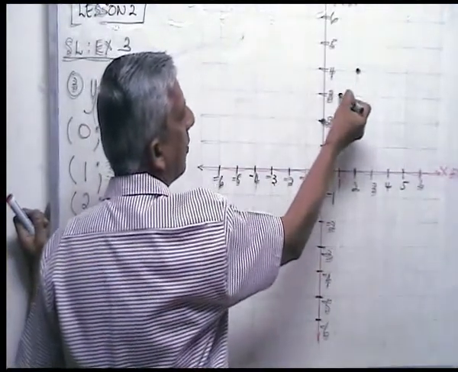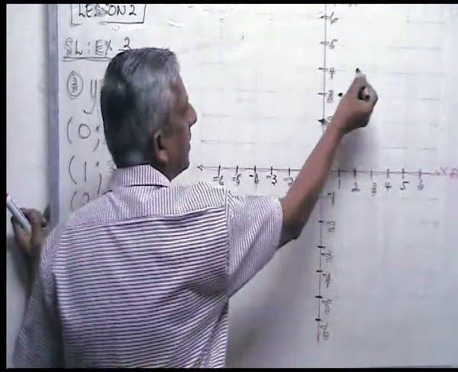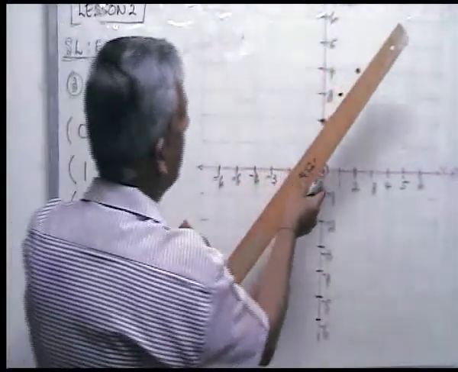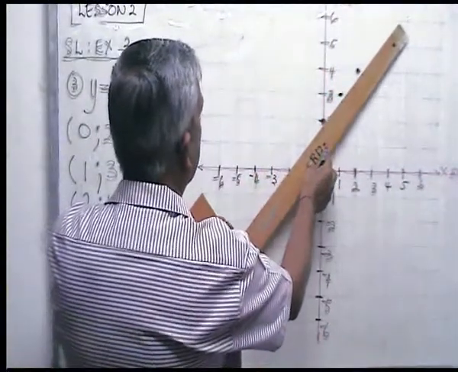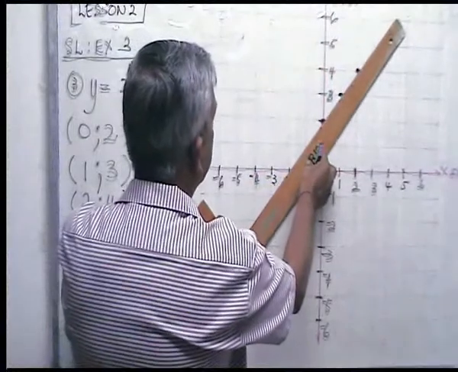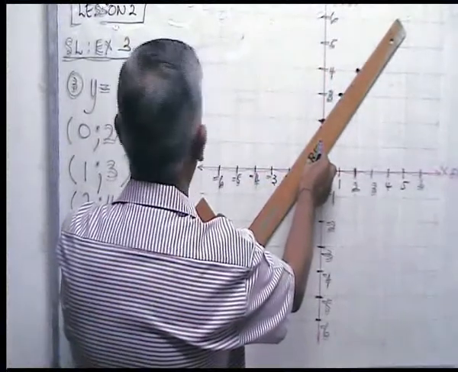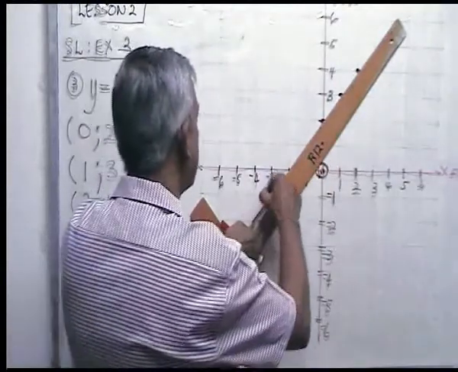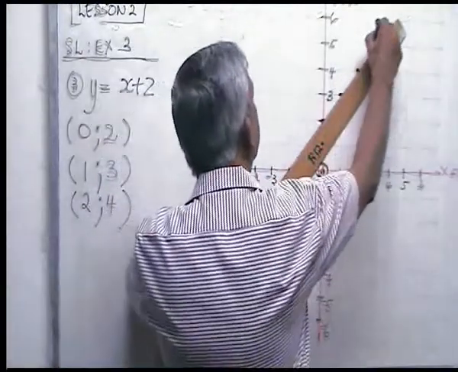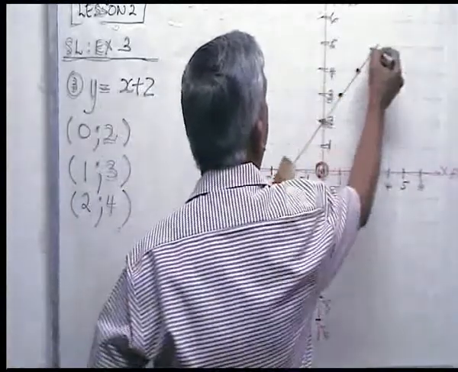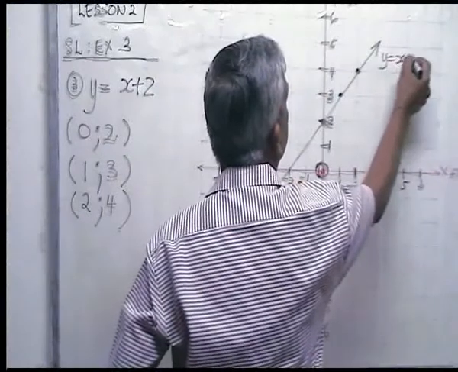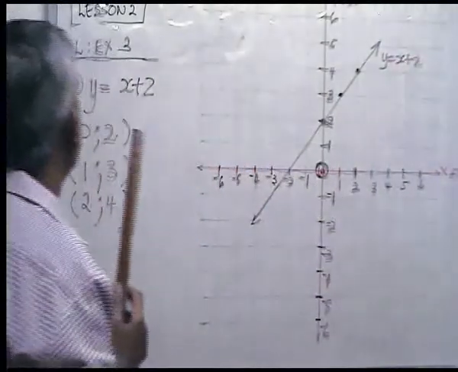So now you can see your 3 ordered pairs are here: 1, 2, 3. Take your ruler and join them, and you'll have your graph. So this is x plus 2, and that's your graph for y is equal to x plus 2.